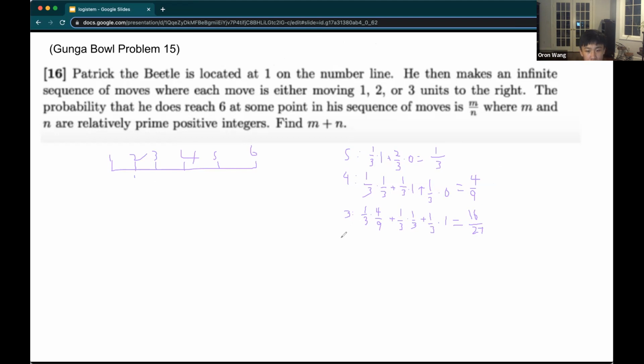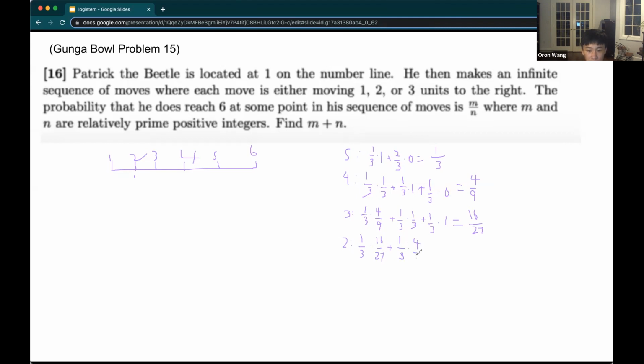Now moving back to 2. The 1/3 chance that he moves 1 unit to the right, in which case he lands on 3. From there, there's a 16/27 chance. So 1/3 chance that he moves 2 units to the right, lands on 4.